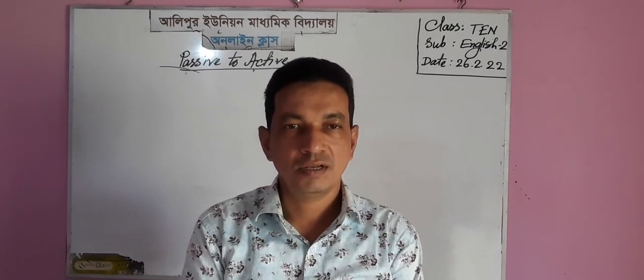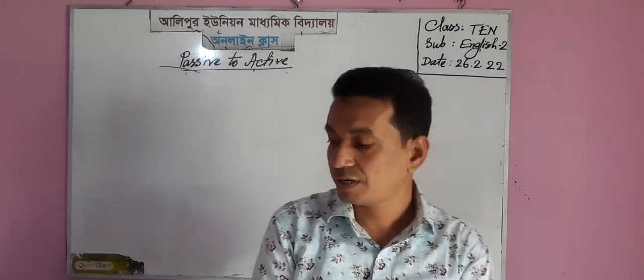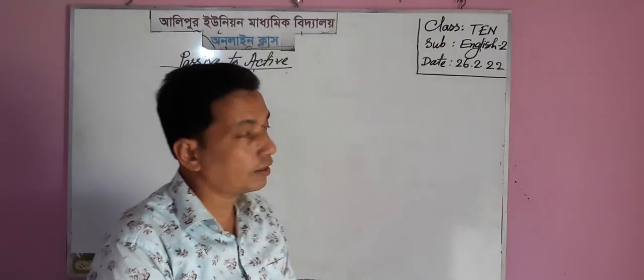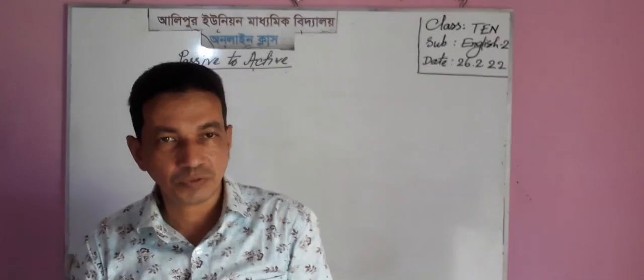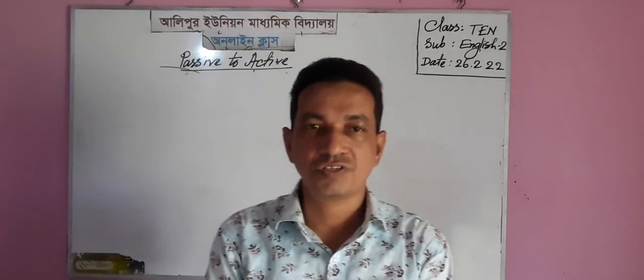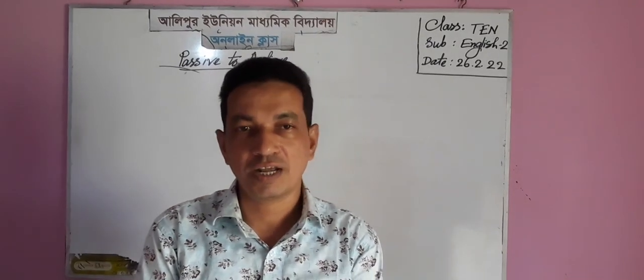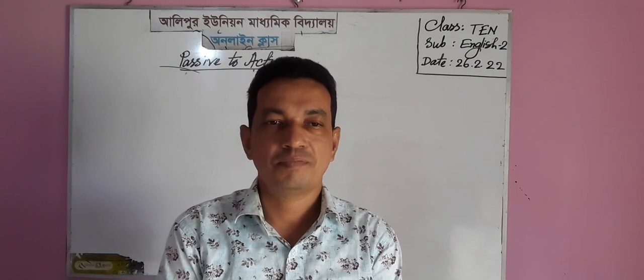Dear learners, today I am here to take a grammatical item for class 10, and our topic today is passive to active. Generally, we see these two types of questions in question papers, that means passive to active or active to passive.